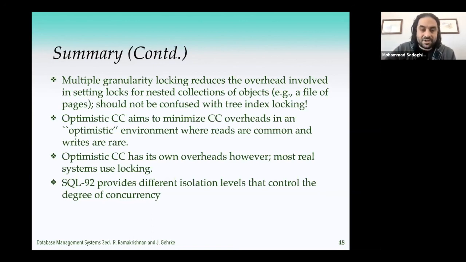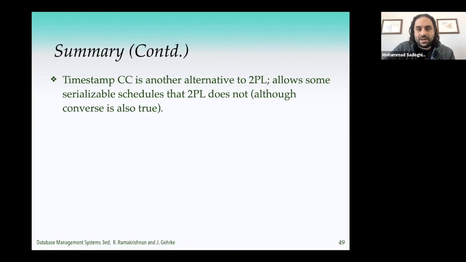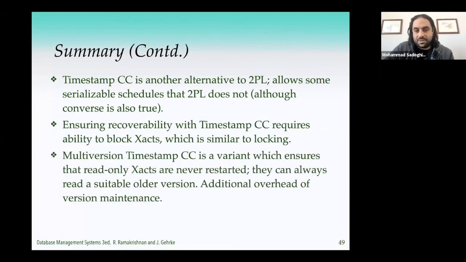These are standards that are defined by SQL 92, and they're referred to as degrees of concurrency or degrees of consistency. And again, we talked about timestamp, and then we also talked about multi-version timestamp today as well. So that wraps up this chapter on concurrency control.